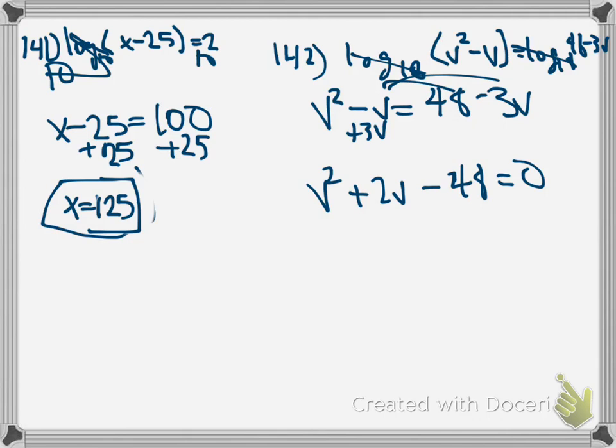If you graph this, you would get v is equal to negative 8 and 6. Now again, we can't take the negative answer, so your answer should just be 6. Because remember, the domain for logs is positive.